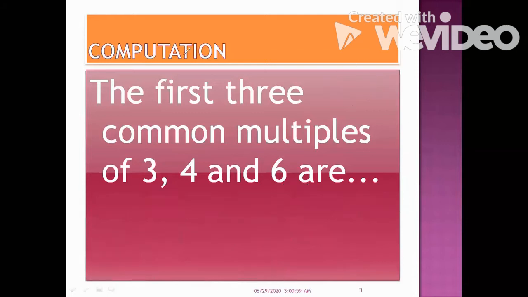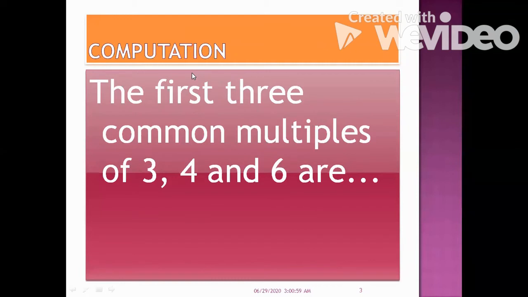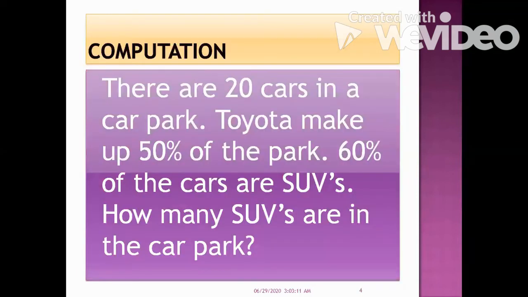Okay, we're going to move on to the next question quickly. We have a lot to cover here. There are 20 cars in a car park, and Toyota makes up 50% of the car park. And 60% of the cars are SUV.